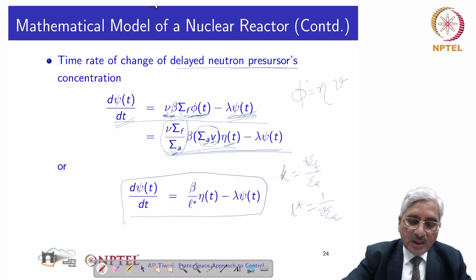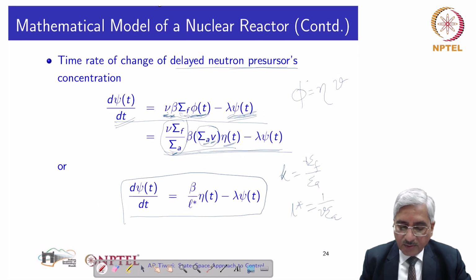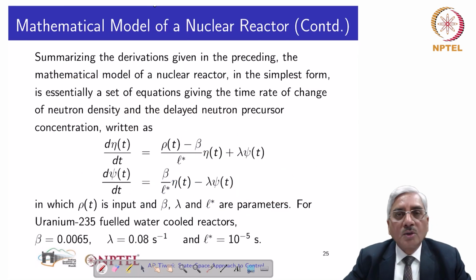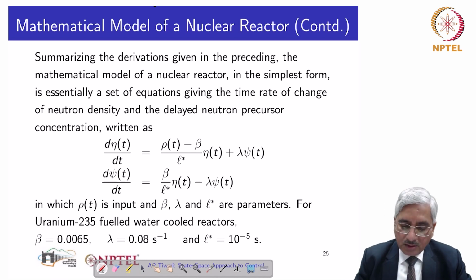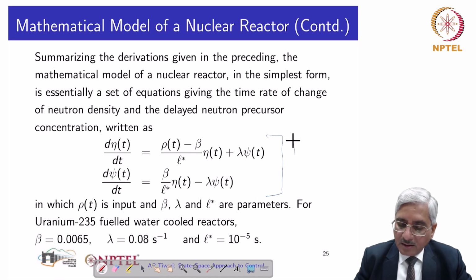So we got one equation for neutron density, and this is the second equation for the delayed neutron precursors. So with that we get the model of the core, and this is called the point kinetics model of the reactor.